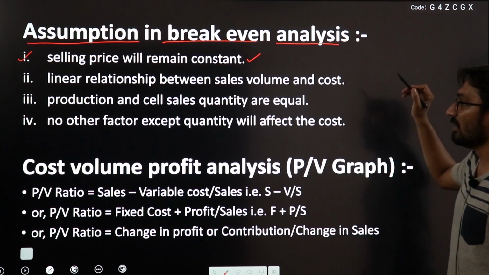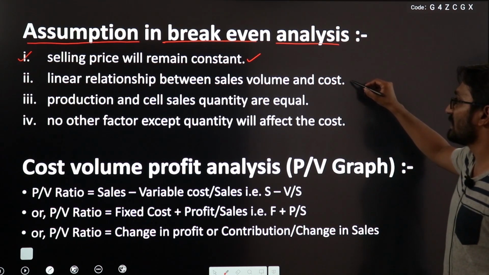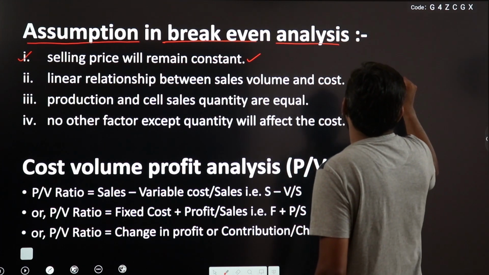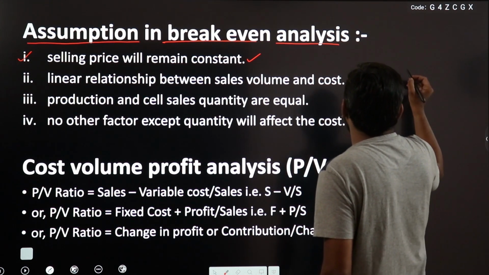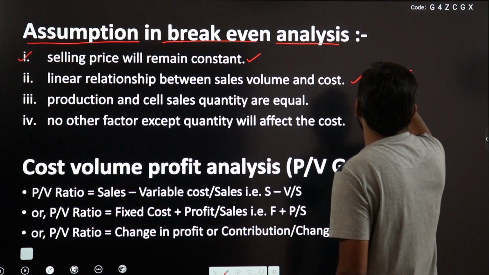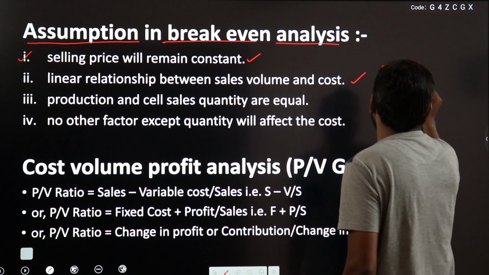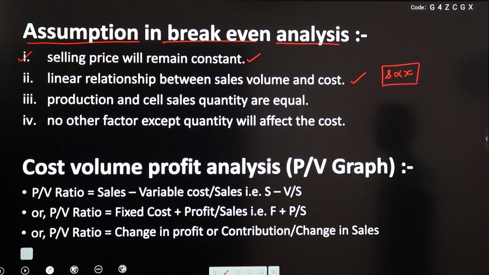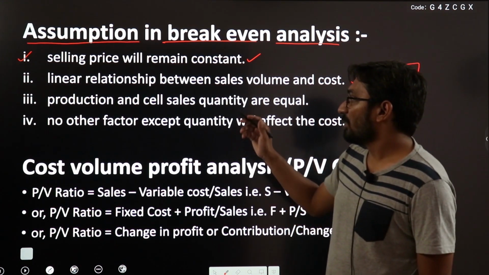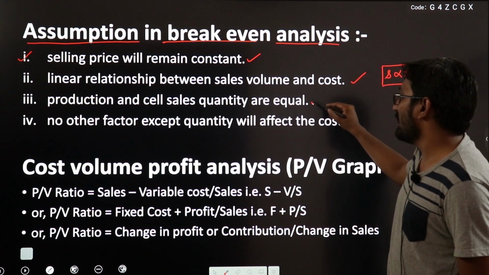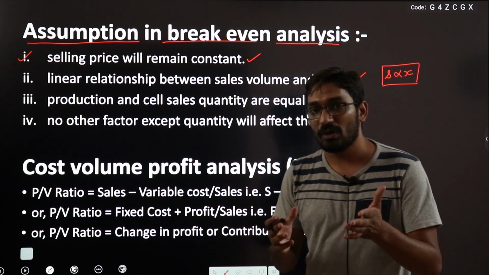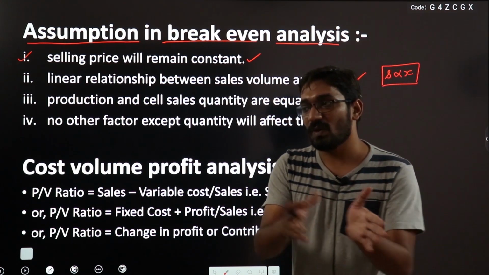There is a linear relationship between sales volume and cost, right? We are assuming that the sales, small s, is directly proportional to the number of units produced, x. We are assuming a linear relationship, and that production and sales quantity are equal, right? The number of units you are producing, the same units you are selling.